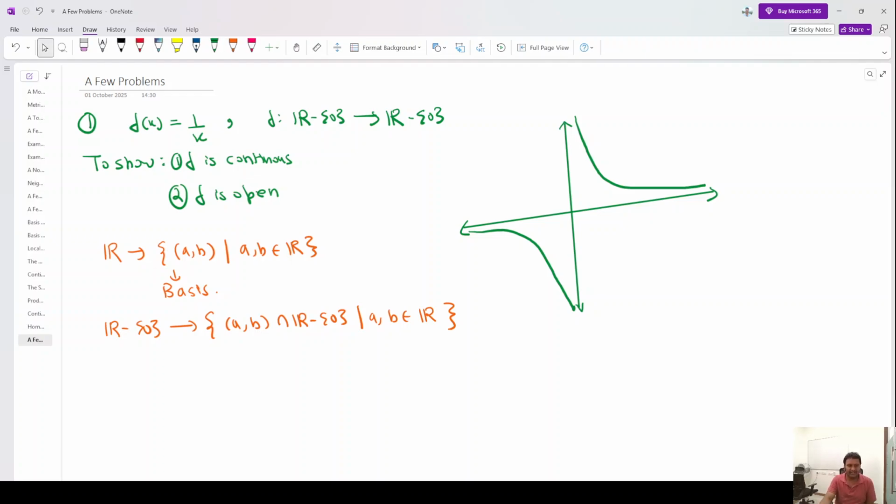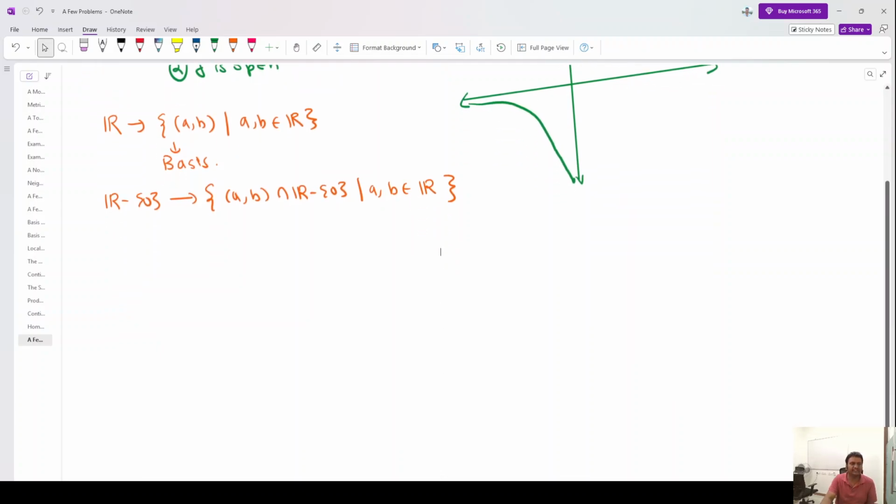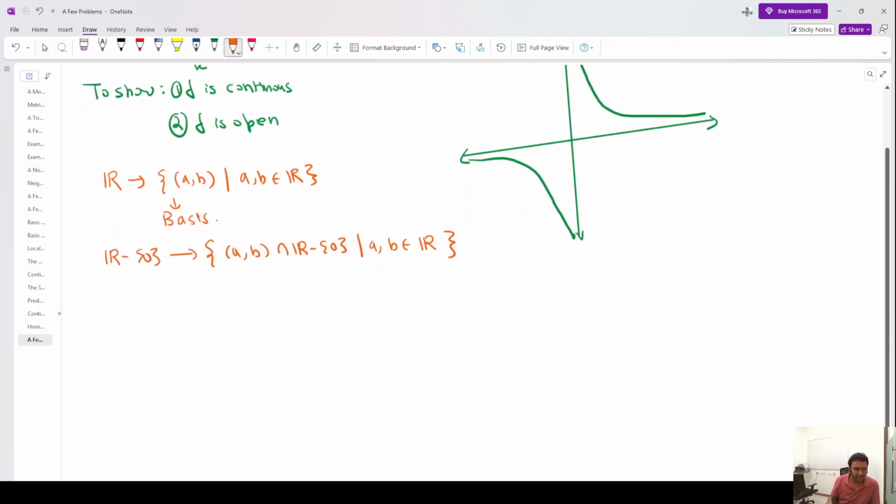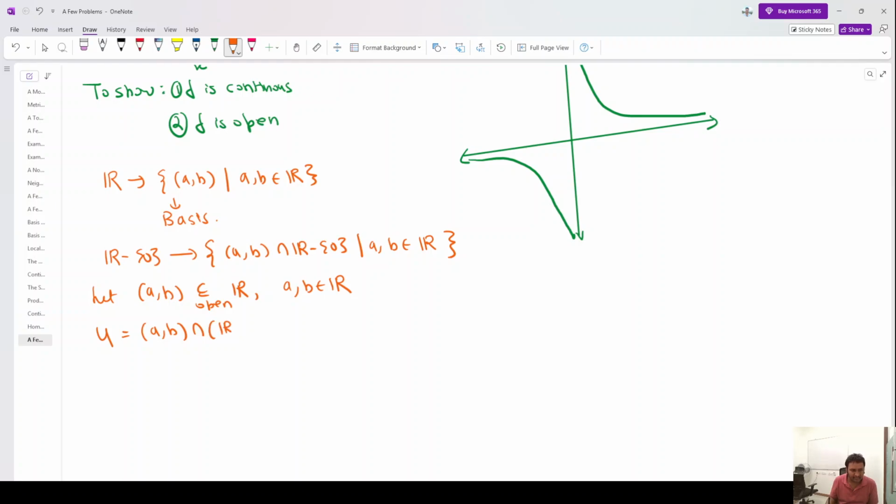Now what you have to see is just the inverse image of these sets if you want to show it as a continuous function. So let us begin. Let (a, b) be any open interval in R. You have to look at this open set, so let U equal (a, b) intersection R minus 0.